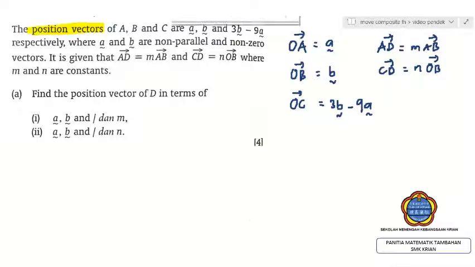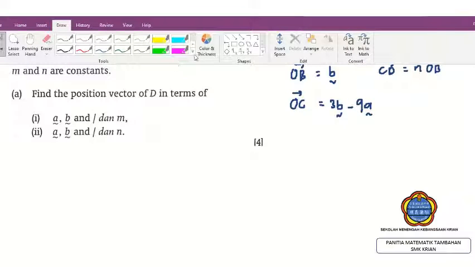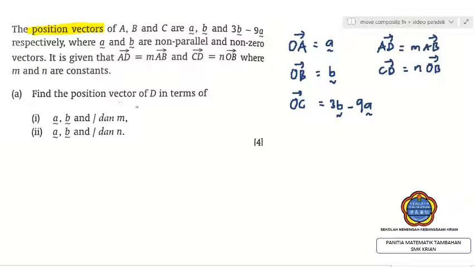Right, so now I want to start and show you the solution of question A. Question A asks what? The position vector of D. The position vector of D is OD, in terms of a, b and m. Question A1: OD is equal to what?